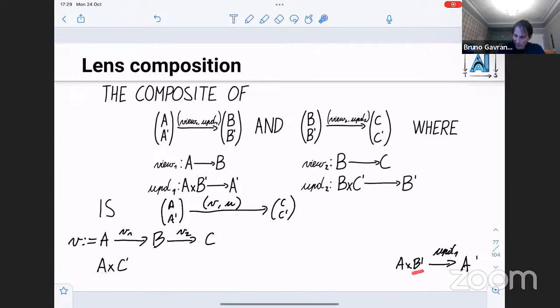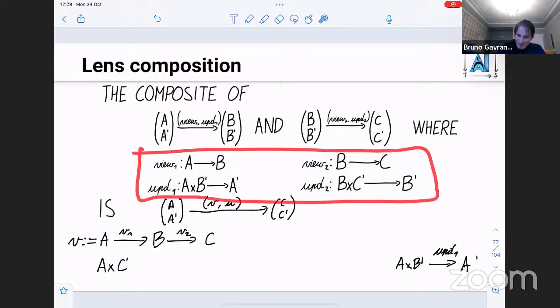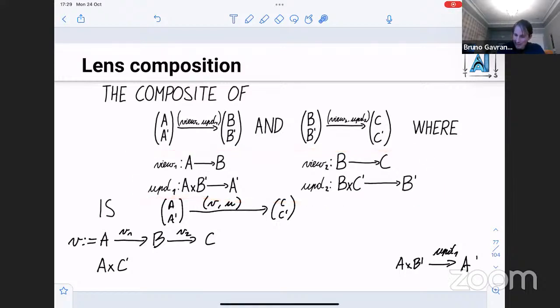But to get a B prime, let's look again. What do we have here? Right. The only thing that produces a B prime is update 2. Update 2, and I'm going to write A times update 2. So this is going to be A times B times C prime.